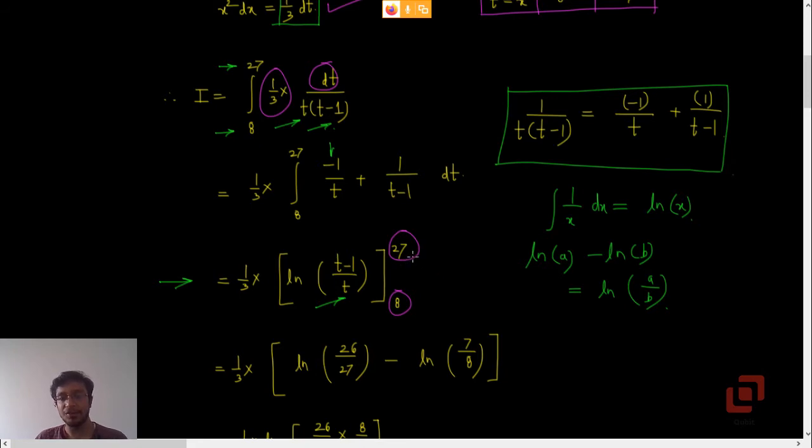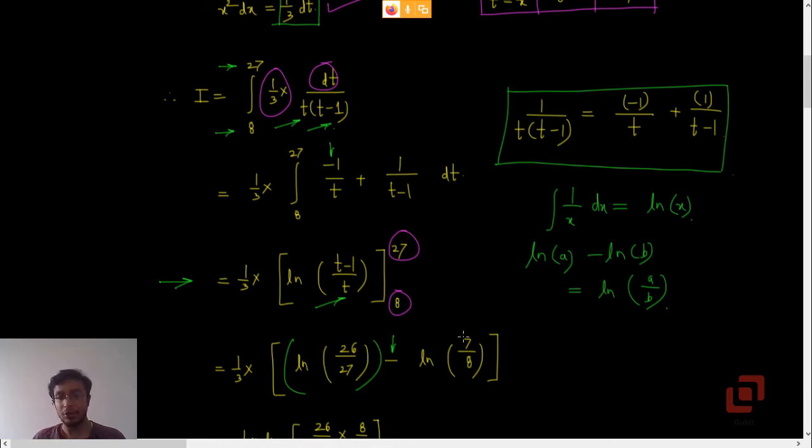We can happily substitute t as 27 first and then t as 8. So once you substitute t as 27, the function will be log of 26 upon 27 minus. Now this minus sign has come because we always subtract the value of the function at the lower limit from the value of the function at the upper limit.